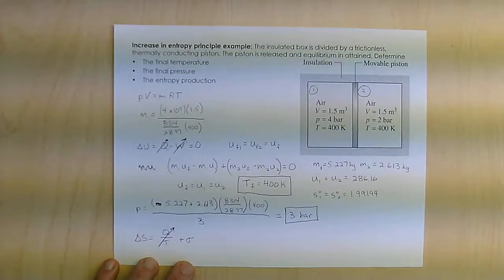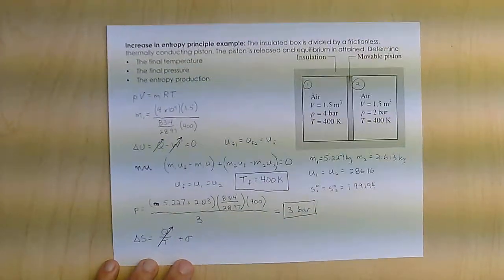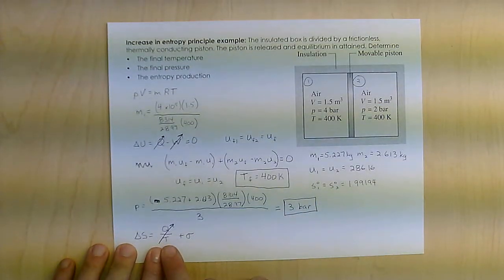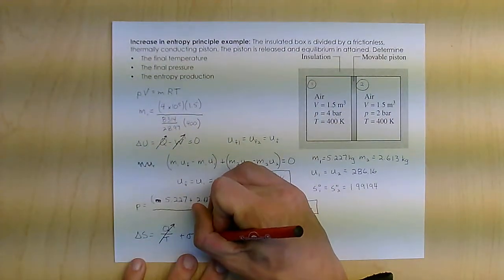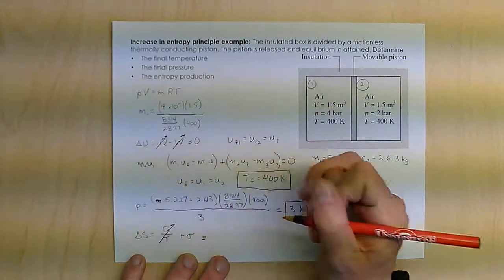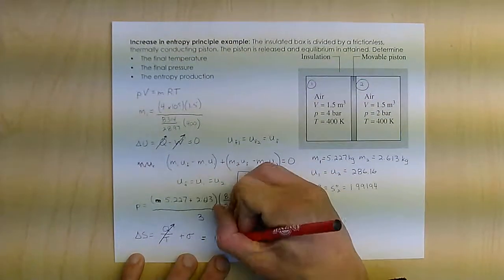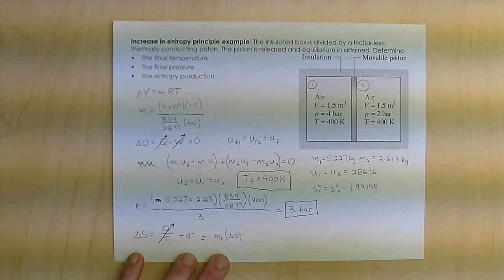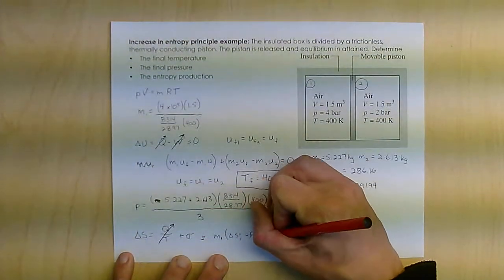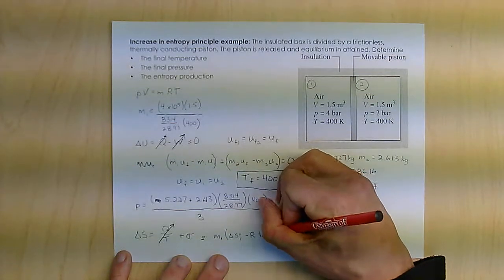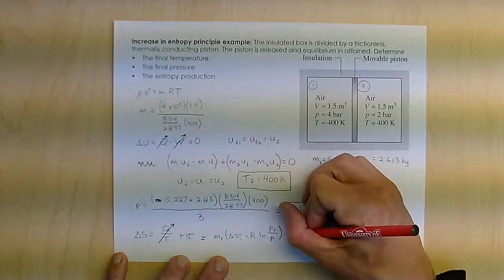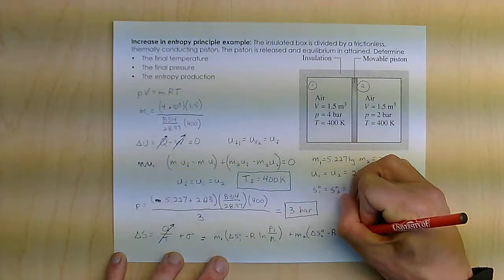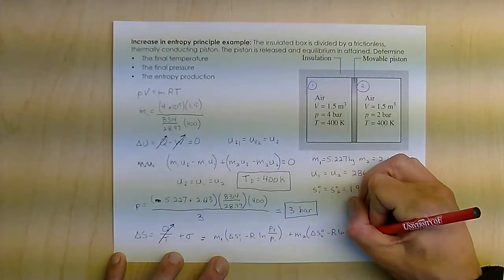Now that goes to 0, which means my entropy production is my change in S. Now my change in S for air is going to be m1 times delta s naught 1 minus R times the natural log of P final over P1, plus m2 times delta s2 naught minus R times the natural log of P final over P2.